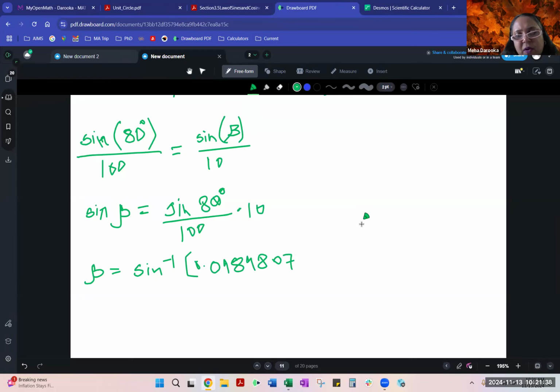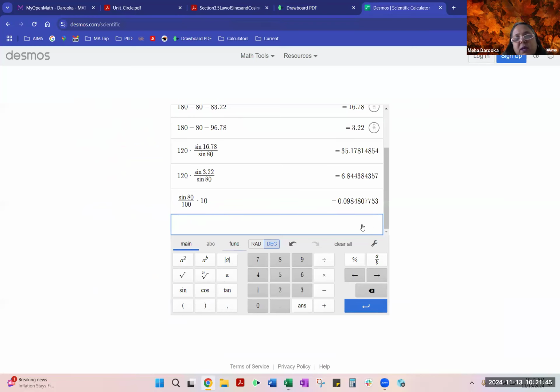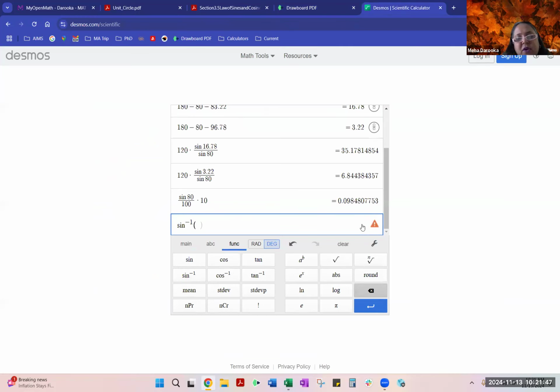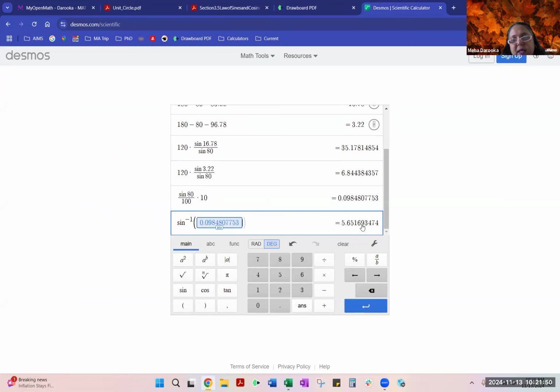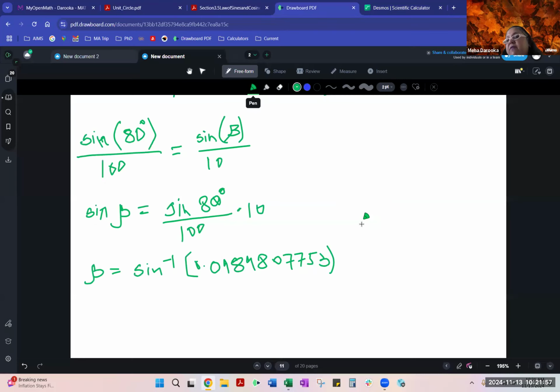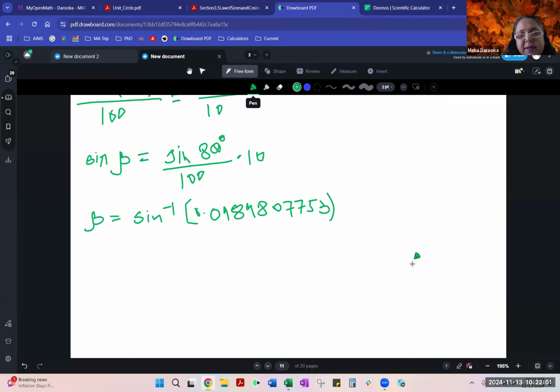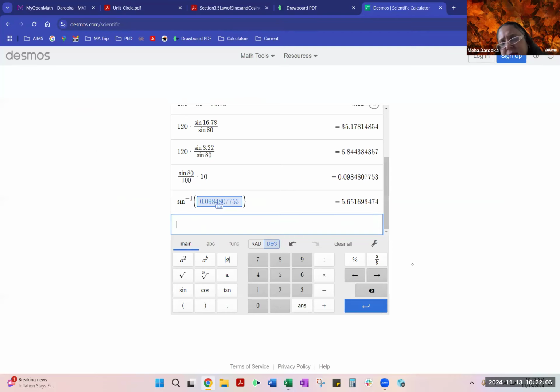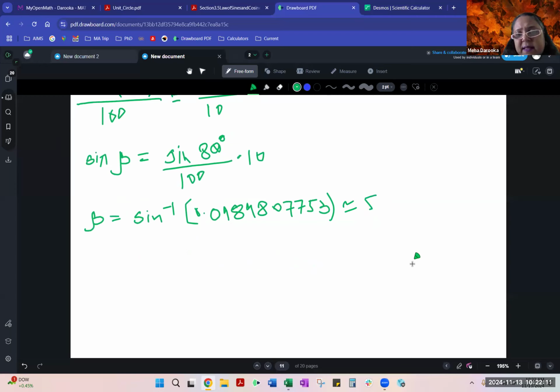Okay, so let's see, how many angles does that give us? Do we come up with a single answer or more than one? So sine inverse on the answer, and you can see this is coming out to be 5.65, which means we definitely have room for another value in there. And again, I'm just going to keep 2 decimal places for now. So 5.65 for this.